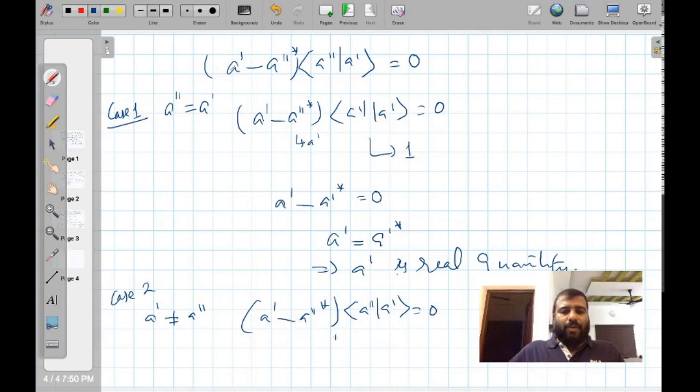And I said they are not equal. In that case, this quantity A' minus A'' cannot be 0, right?